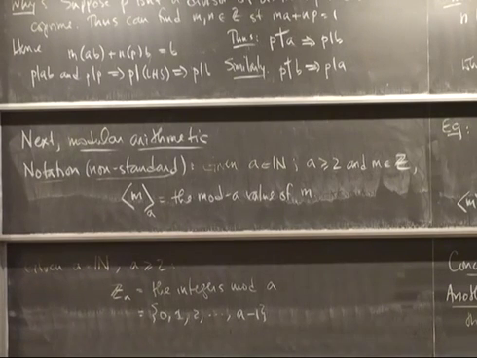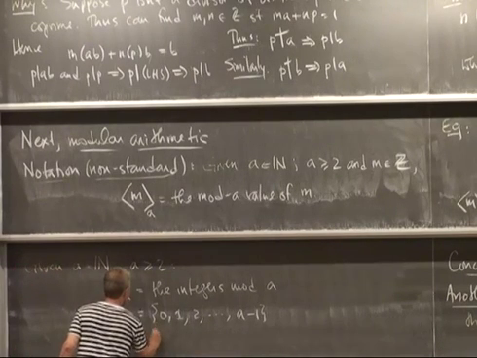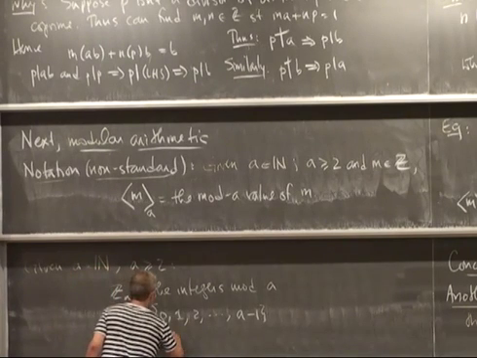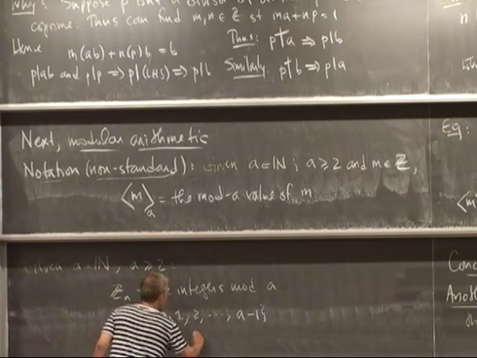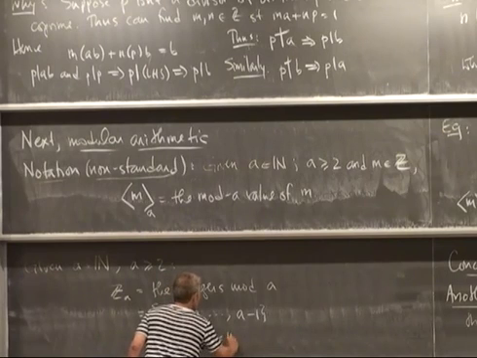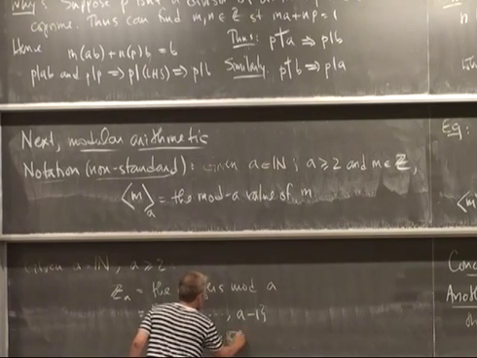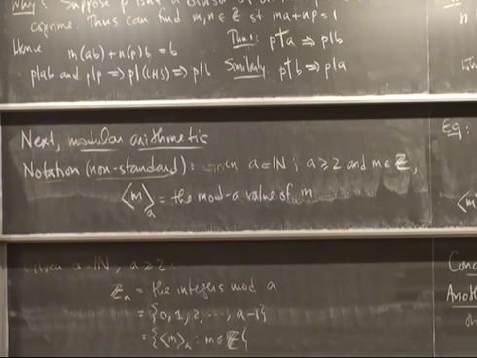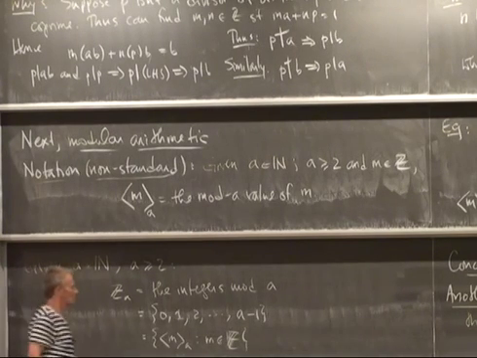This is the set of all mod A values of all the integers. So it's the set of all, and this is practice using math notation, the set of all m mod A such that m is an integer. Okay, that's another piece of notation that's slightly non-standard.